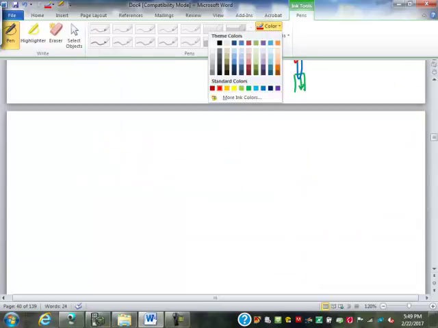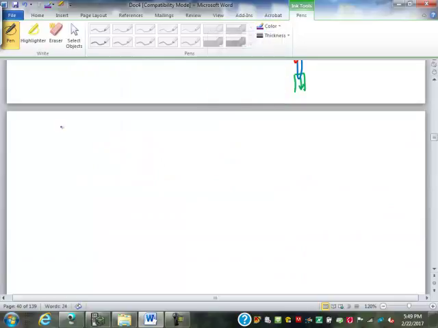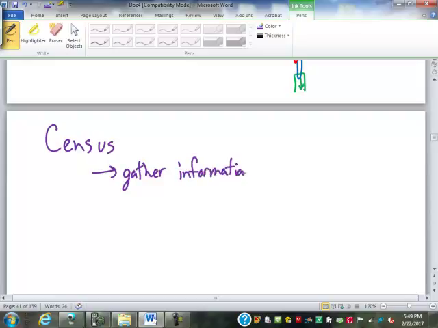So we mentioned the word census. A census is an attempt to gather information from a population.